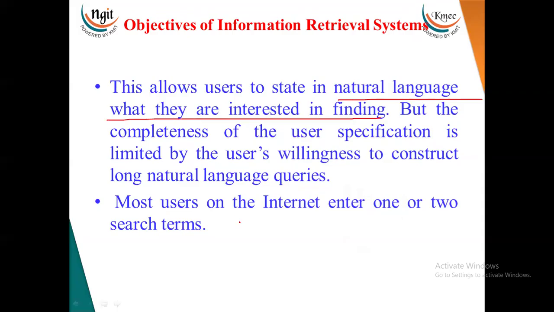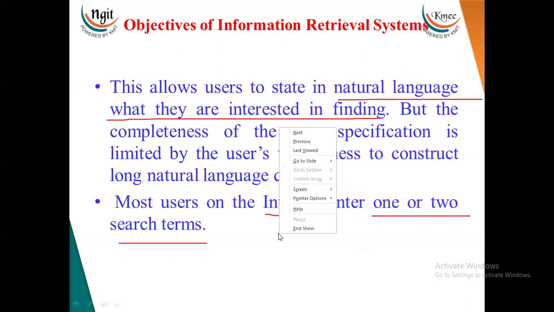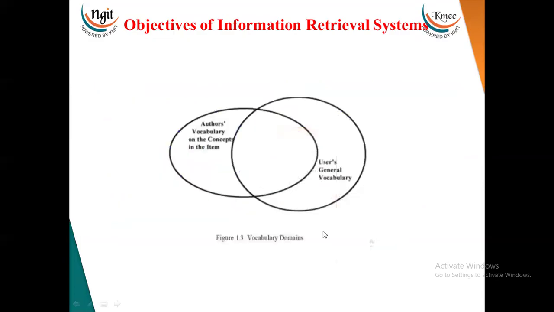For example, I want to get some information over the internet. I'll write only one or two search items in order to get the data, and according to those search items, it will browse the data. So this was the complete diagram. This is the author's vocabulary of the concept in the item and the user's general vocabulary.